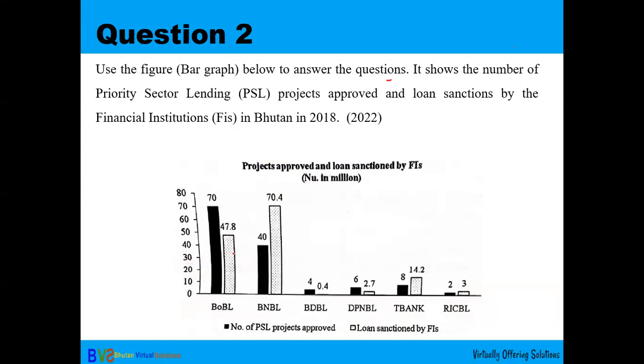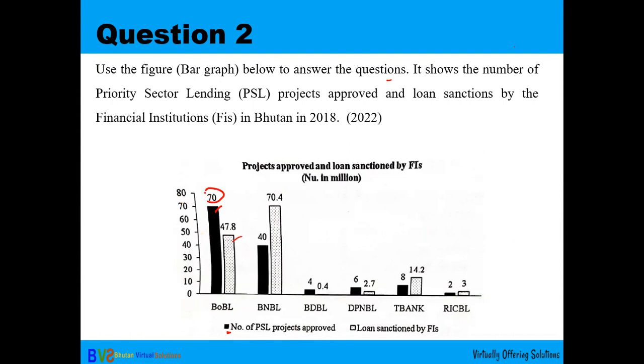In the bar graph, there are black and white bars. What does it mean? Look at the legends. Black is the number of PSL projects approved. For BOBL, the number of projects approved is 72.